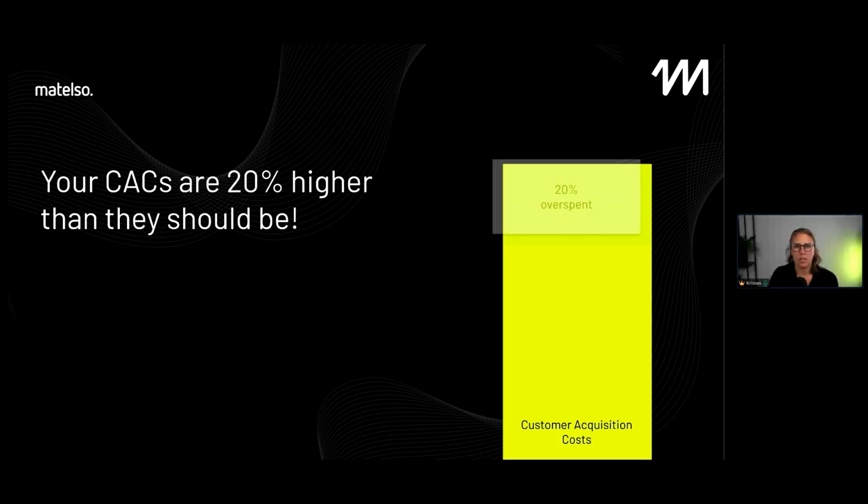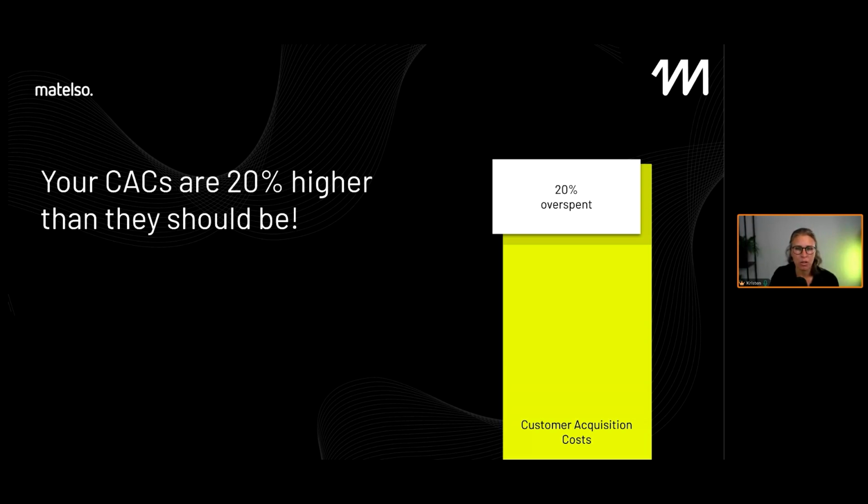Let's be honest with ourselves. Marketing and sales teams are under constant pressure. Budgets are tight, expectations are high, and the full picture is often missing. Most CAC calculations rely solely on visible online conversions and conversations.